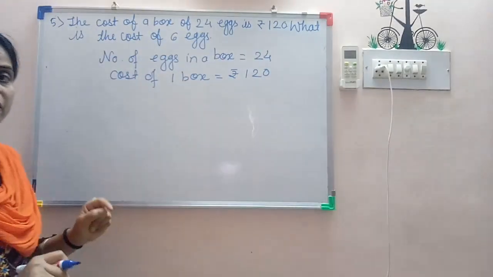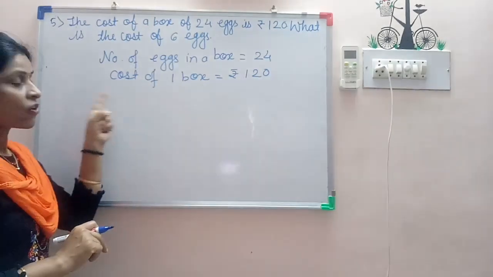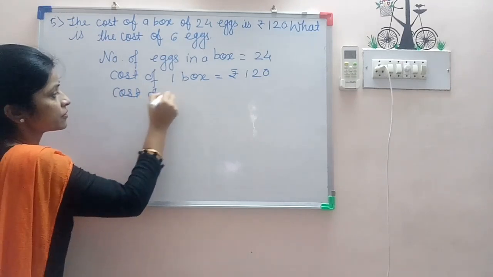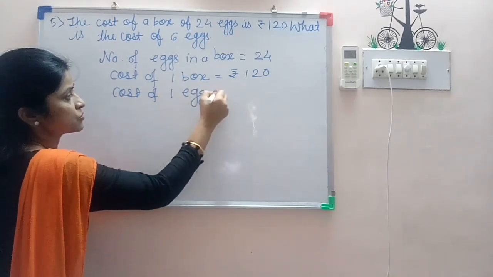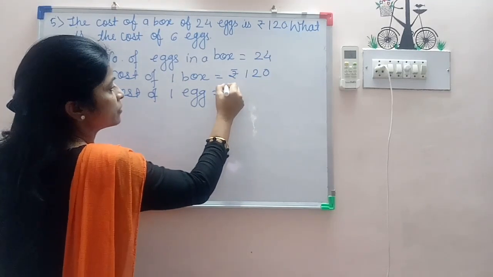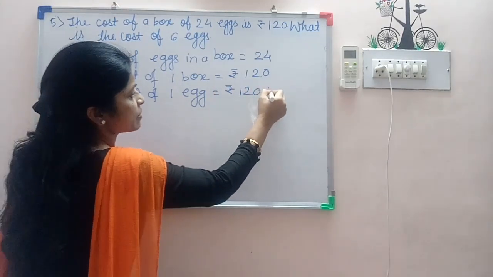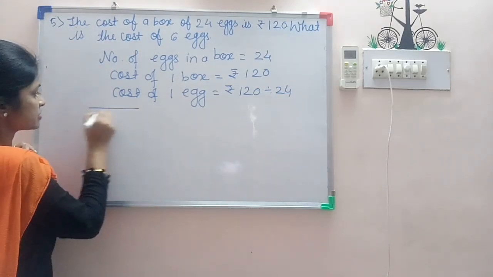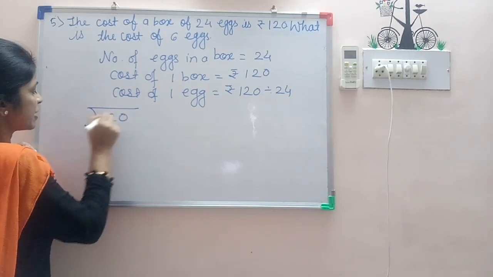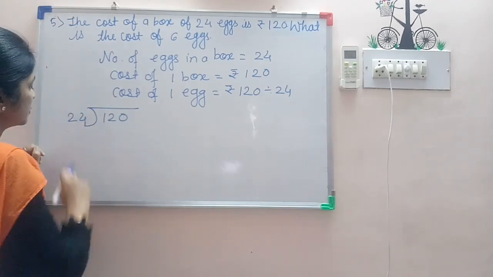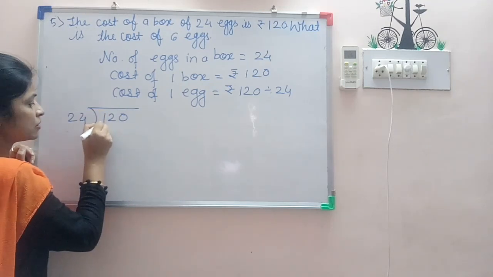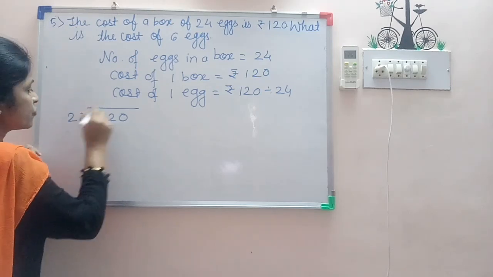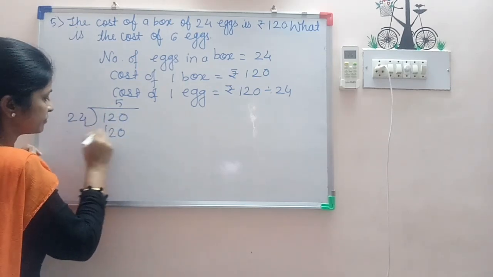For this, we have to find out first of all the cost of one egg. So cost of one egg is equal to rupees 120 divided by 24. So we will divide this. 120 divided by 24. 12 is a small number, so we will take a 3-digit number. So 24 5s are 120.